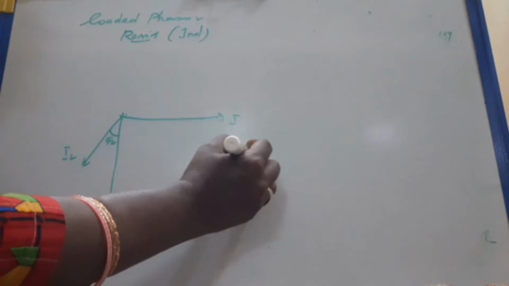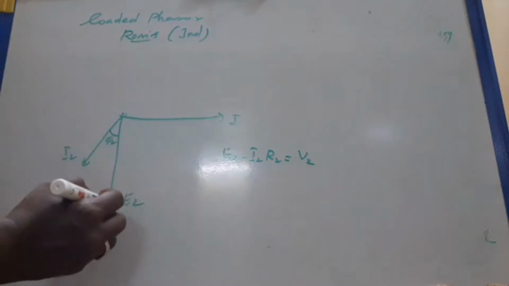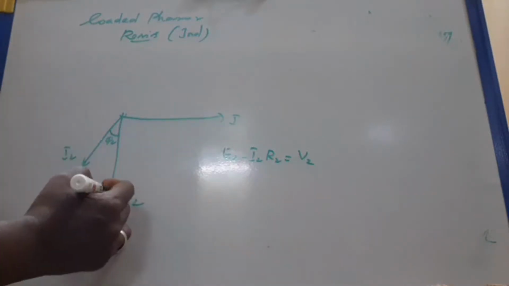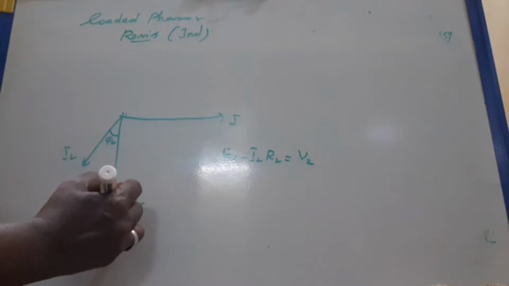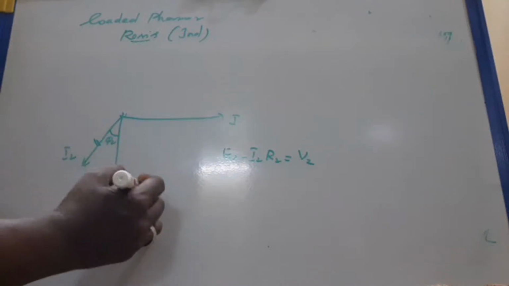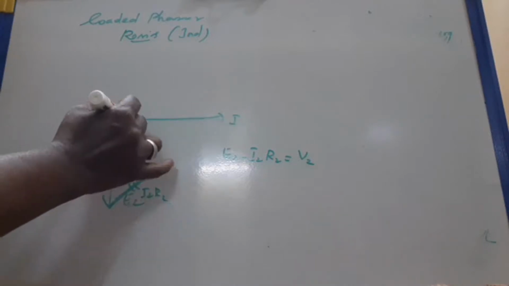E2 minus I2 R2 gives V2. E2 is the magnitude, and from the direction of I2 you draw I2 R2 in the opposite direction. E2 minus I2 R2 gives V2.